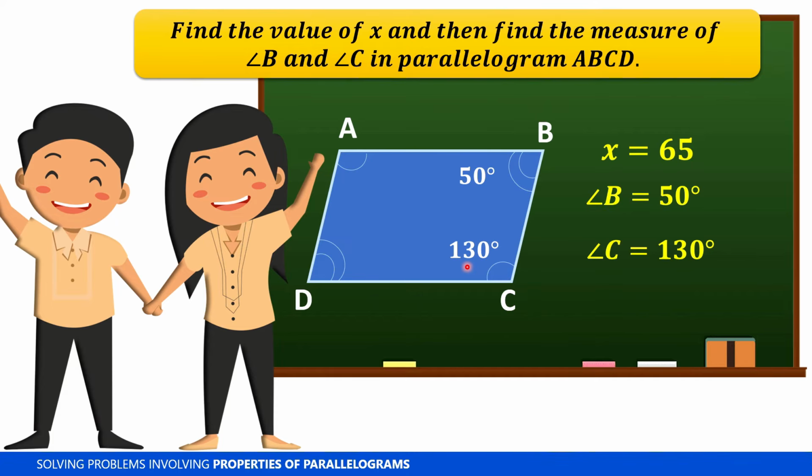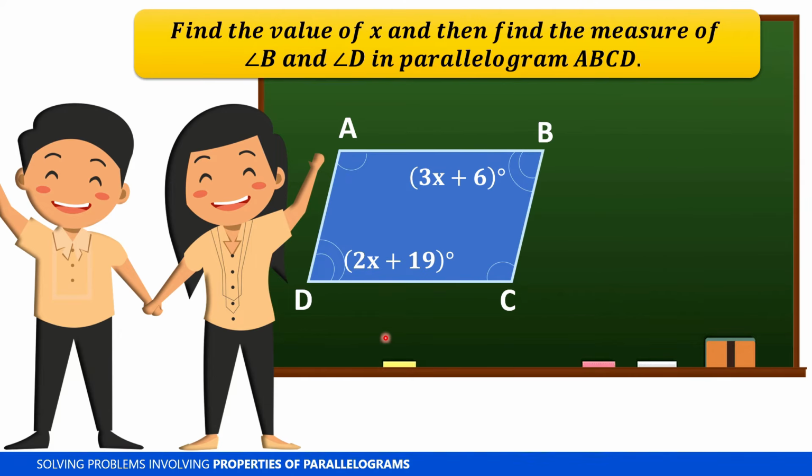If we add the measurements of angle B and angle C, 50 plus 130 is equal to 180. Let's proceed with our next problem. Find the value of x and again determine the measurement of angles B and D in parallelogram ABCD.